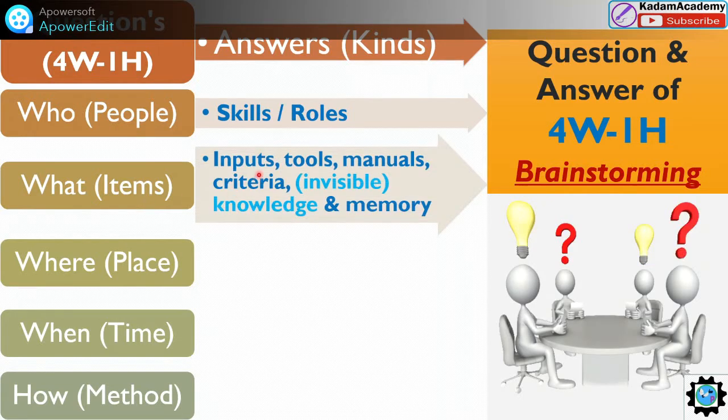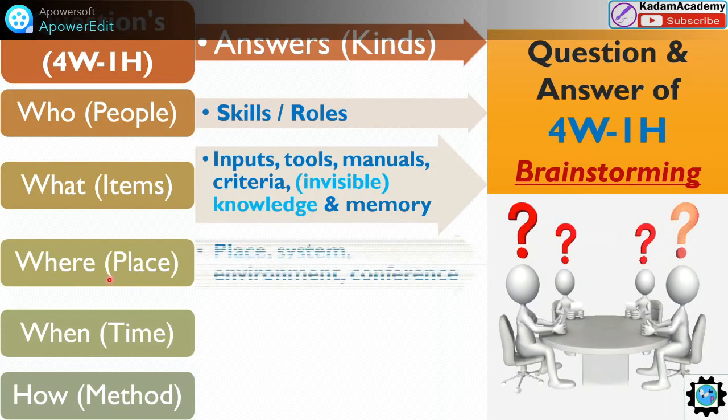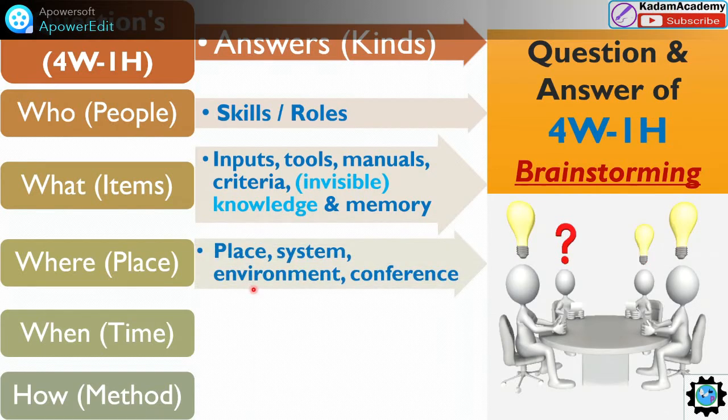What: items, that may be input, tools, manuals, criteria, that may be invisible knowledge and memory you have to utilize. Where: where it is utilized, the place, system, environment, that all the things you must be clear about from this question.